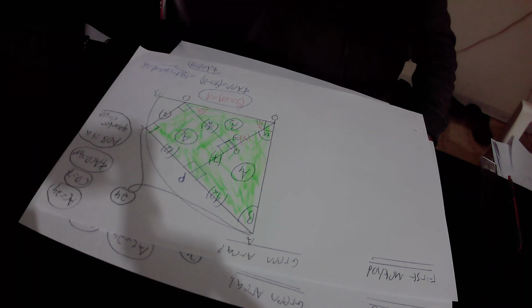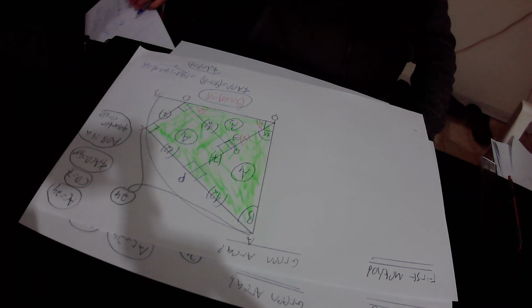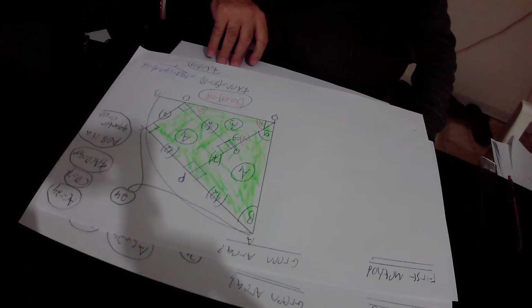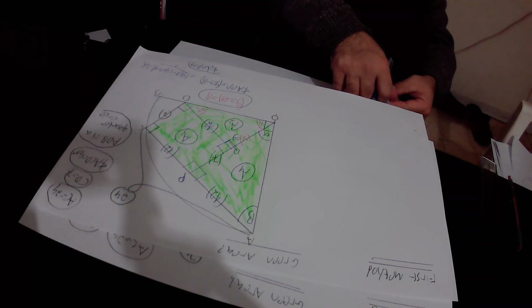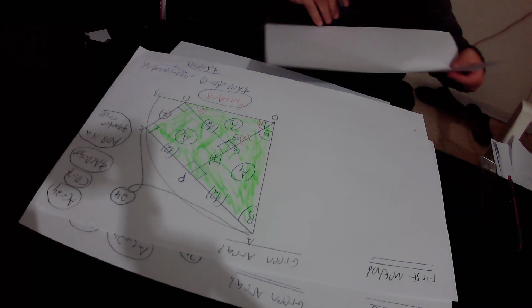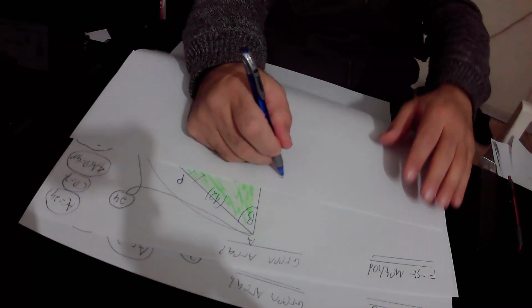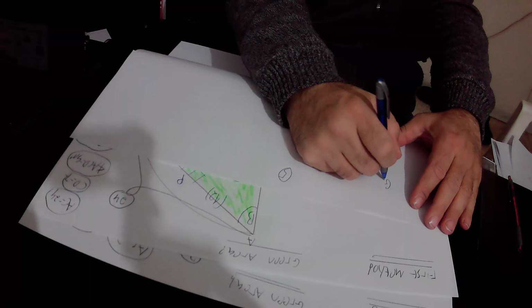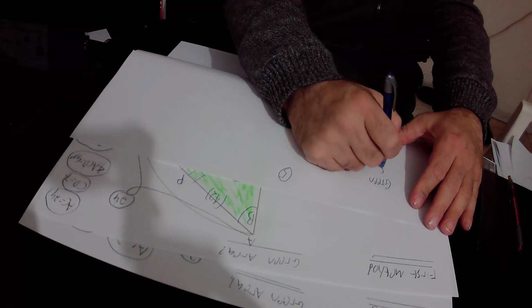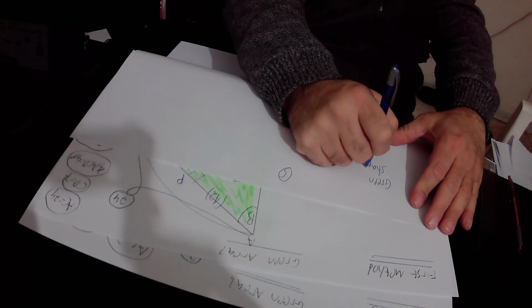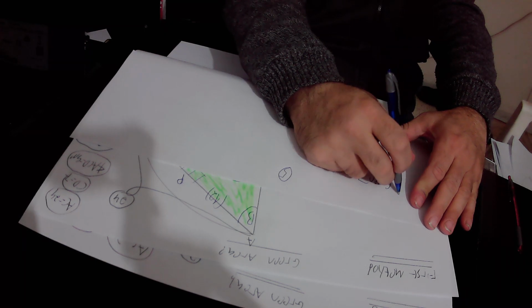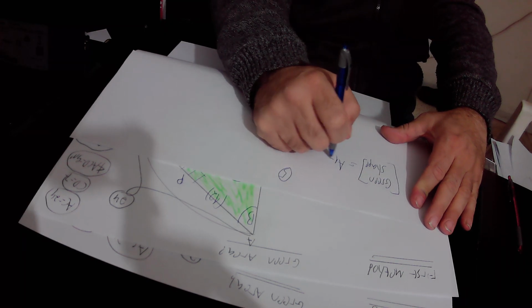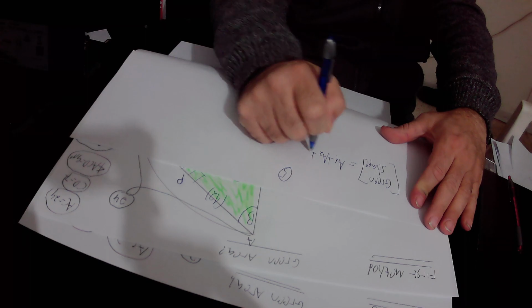And the total area of the green shape is equal to A1 plus A2 plus A3.